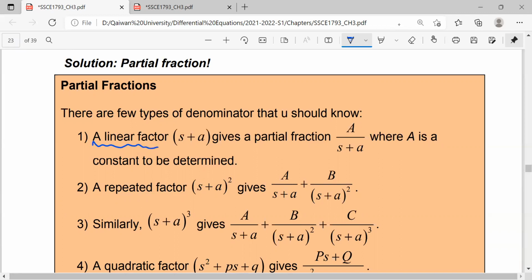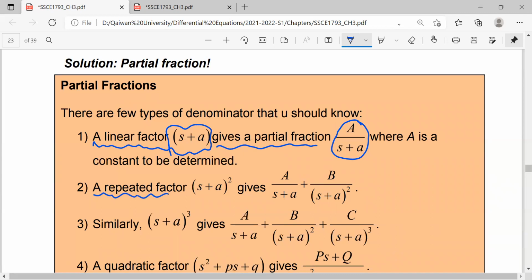A linear factor, s plus a, gives a partial fraction A over s plus a, where A is a constant to be determined.